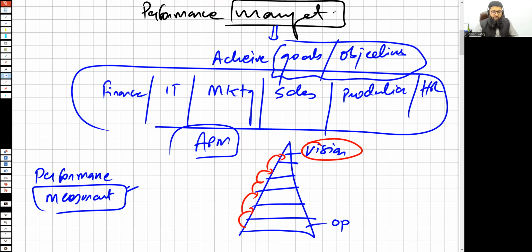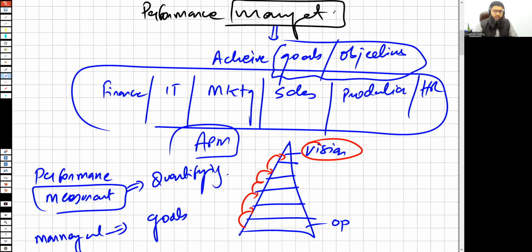When we talk about performance measurement, the measurement of the performance is quantifying the performance. And when we talk about the management of the performance, it is actually achieving the goals, achieving the objectives. That's management. Now try to understand something: performance measurement and performance management are linked to each other. I repeat, they are linked to each other.